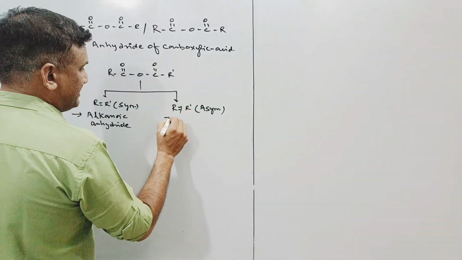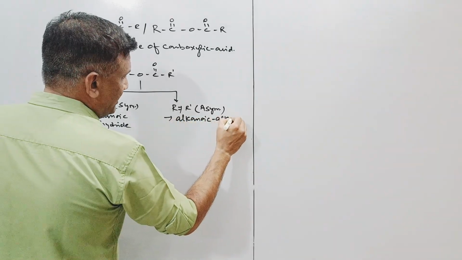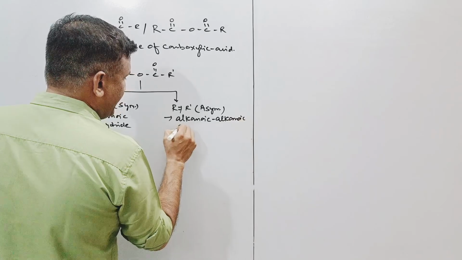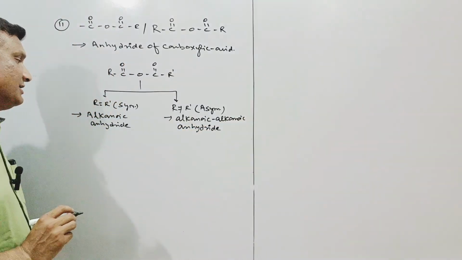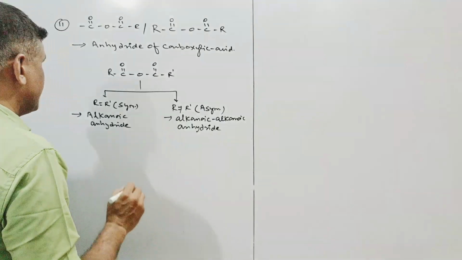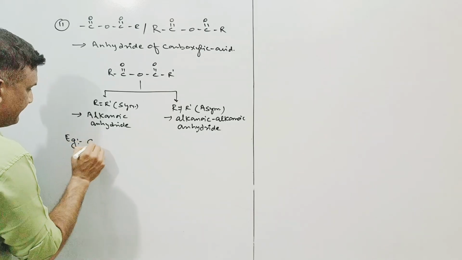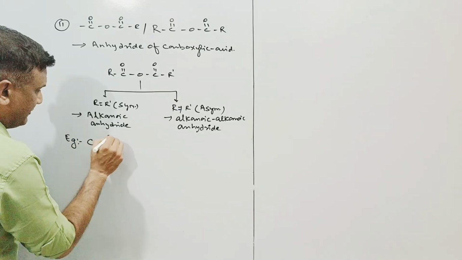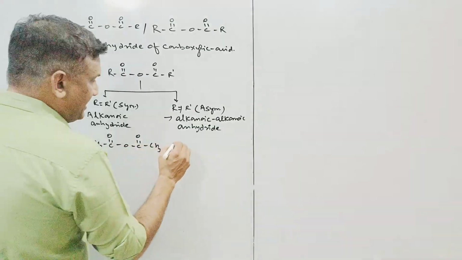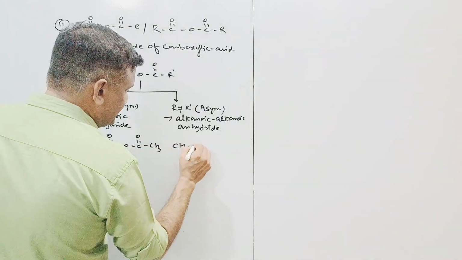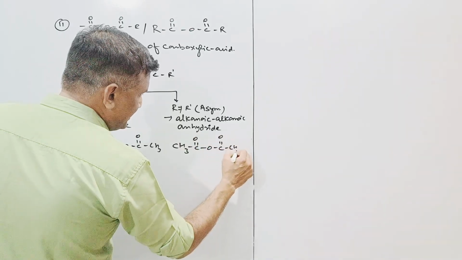So regarding to asymmetrical, it will be your alkanoic anhydride will be the name of compound. Suppose if you want to take just example regarding to symmetrical, so you can take CH3CO, OCO, CH3, and regarding to asymmetrical, you can take CH3CO, OCO, CH2CH3.